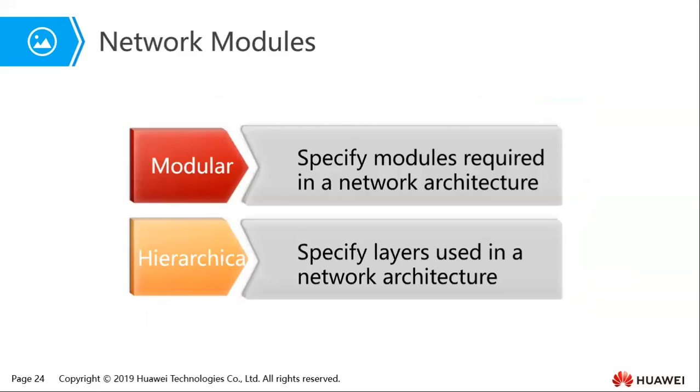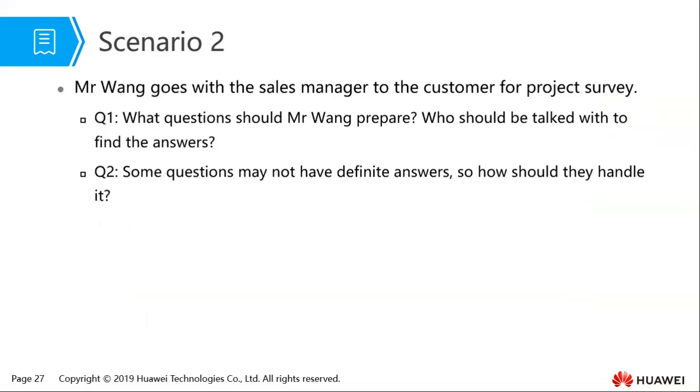Now, the next question here is on some questions may not have definite answers. So how should they handle it? For questions that do not have direct answers. This might be because, for example, the person you're asking is not familiar with the technical issues that you're asking them about.